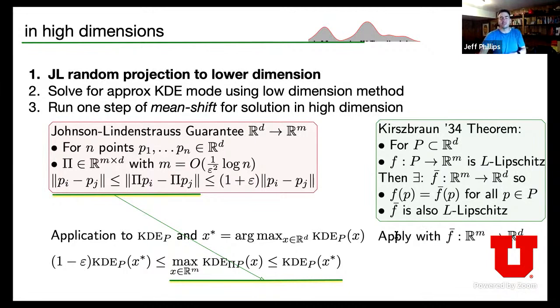We can use this map in our setting to get the right-hand side guarantee as well. This is sufficient to see that the solution we find is a good approximation of the cost function in the high dimensional space.